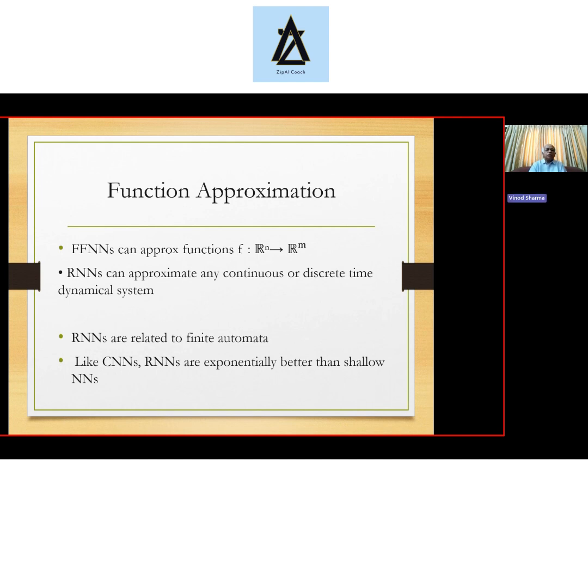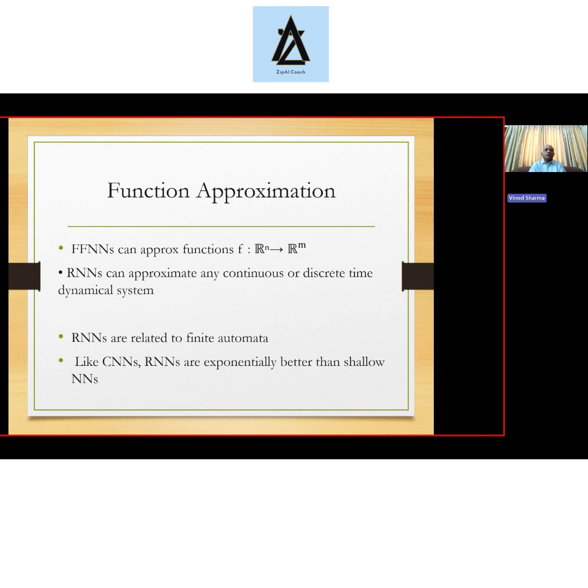We have learned before that feed-forward networks can approximate any function f from Rn to Rm arbitrarily closely. Now, RNNs, because of the loops and the ability to depend on the past, can actually approximate any continuous or discrete time dynamical system. Dynamical systems are systems evolving in time.